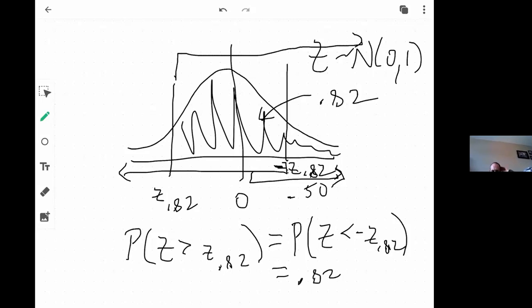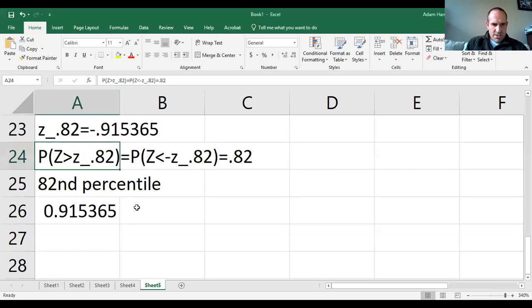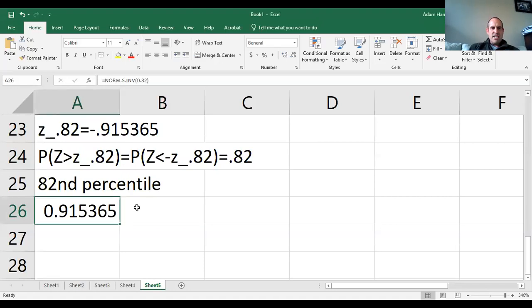What we discovered over here was that the negative of z sub 0.82 was equal to 0.915, and so the original thing is negative 0.915365. So that picture hopefully clears that up a little bit.